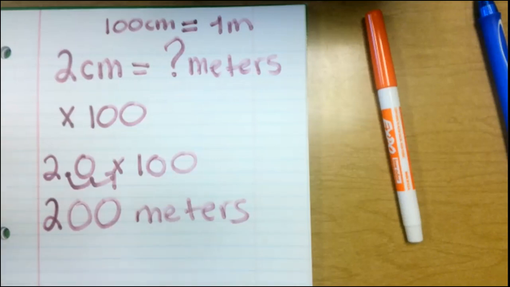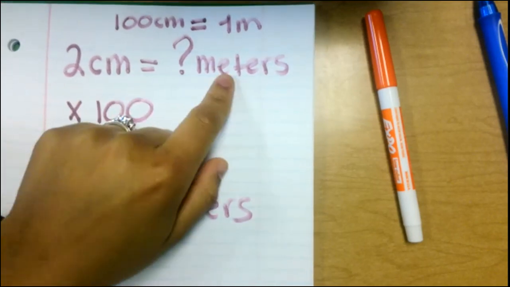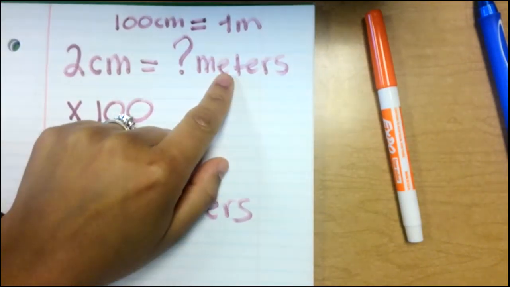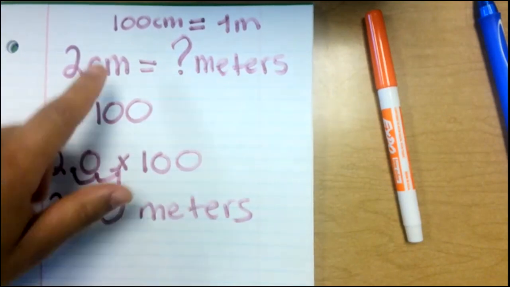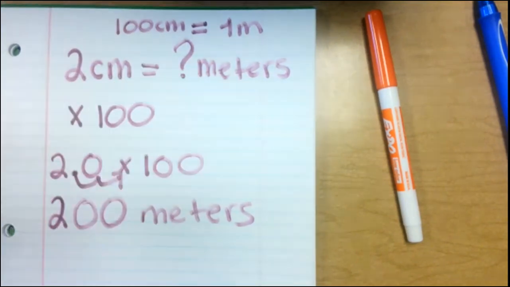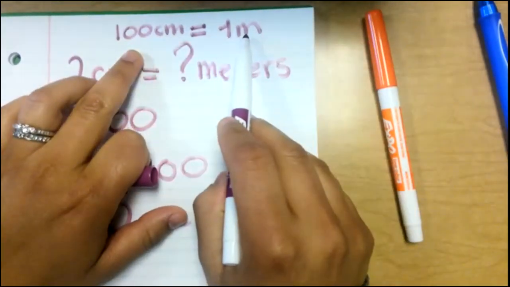If meters are bigger than centimeters, then how did 2 centimeters equal 200 meters? 2 centimeters doesn't equal 200 meters, right? I'm sorry, 100 centimeters equals 1 meter.